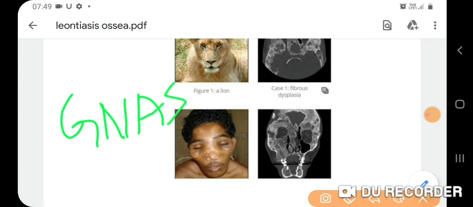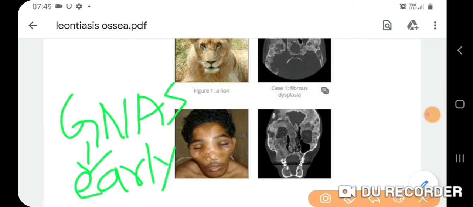When the GNAS mutation occurs in early embryonic development, meaning the mutation occurs in pluripotent stem cells, it causes abnormalities in multiple cell types including osteoblasts, melanocytes, and endocrine cells.